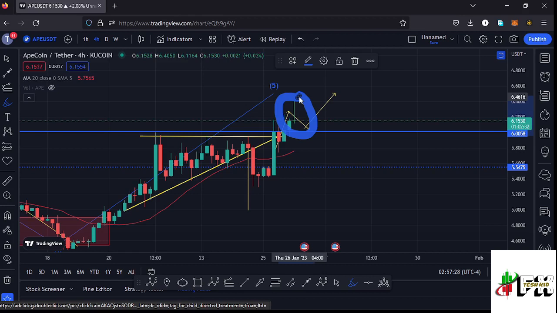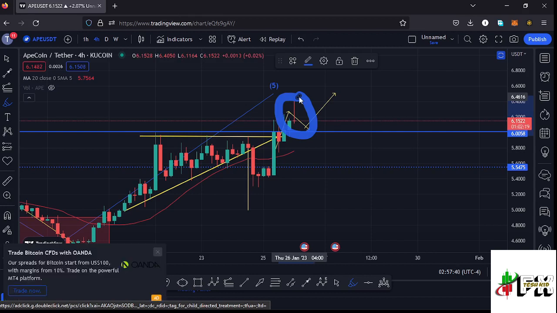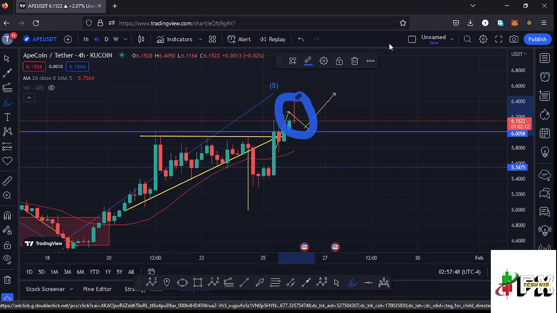But because of this long wick to the upper side, this means that the sellers are trying to take over the market, and maybe soon we might see a bit of a retracement here on the 4-hour chart in a move that maybe could be giving us that retest that we expect of that key area of resistance at around the $6 mark. And once the retest is in, then we can continue pushing even higher to fully maximize our target area at around the $6.47 mark in the formation of that wave 5, and also in the formation of that higher ED12 count 3.